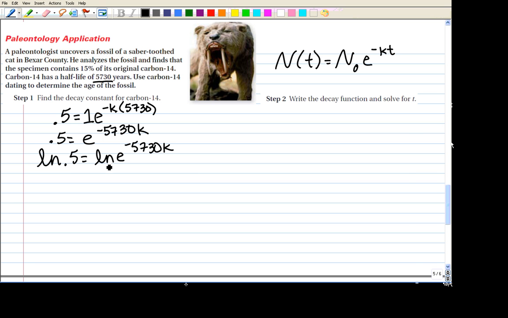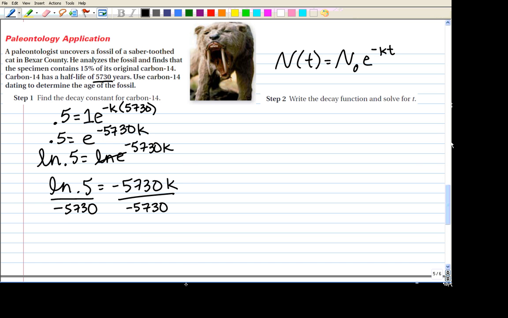As we just talked about, ln and e cancel, basically, and you're left with that exponent. So we have ln of 0.5 equals negative 5730 k. To get k by itself, we'll divide both sides by that negative 5730.